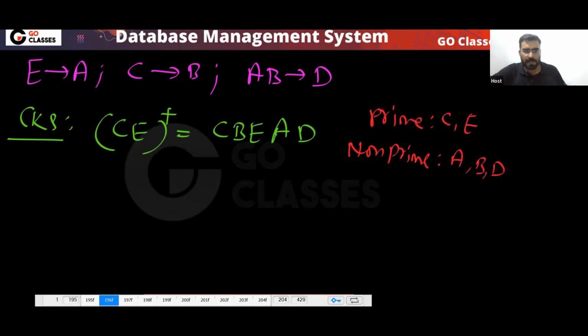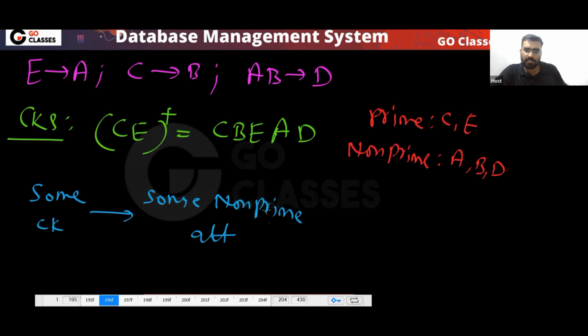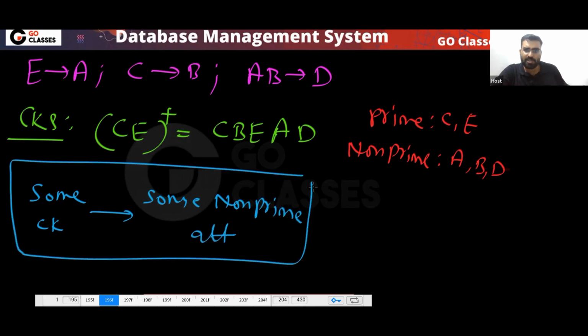Now let's check. Do we have this type of situation, where some candidate key determines some non-prime attribute, with a partial dependency?